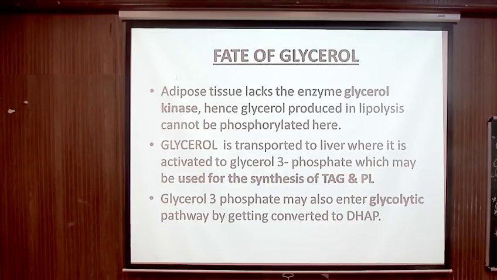Because adipose tissue lacks the enzyme glycerol kinase, glycerol which is produced in lipolysis cannot be phosphorylated in the adipose tissue. So, it will be transported to the liver, where it is phosphorylated to glycerol 3-phosphate, which will be utilized in the synthesis of triacylglycerol again in the liver, and phospholipids. Or glycerol 3-phosphate can enter the glycolytic pathway by getting converted to dihydroxyacetone phosphate. Okay, so, this is the fate of glycerol, but we are more interested in knowing about the fatty acid.